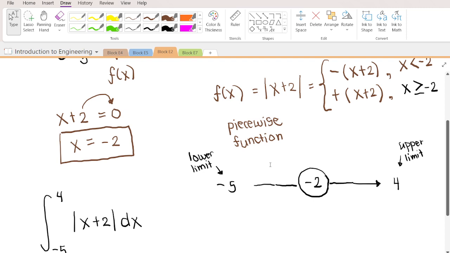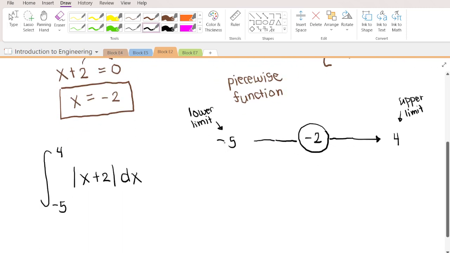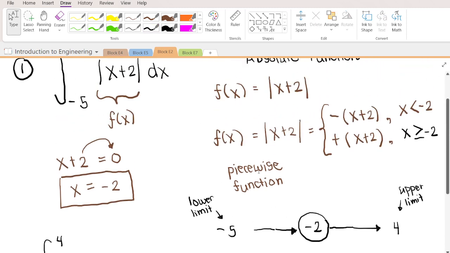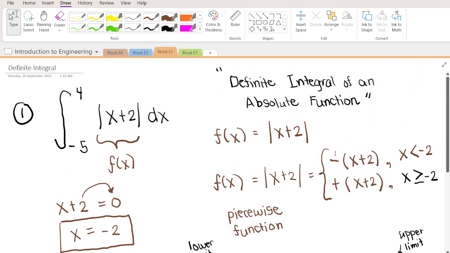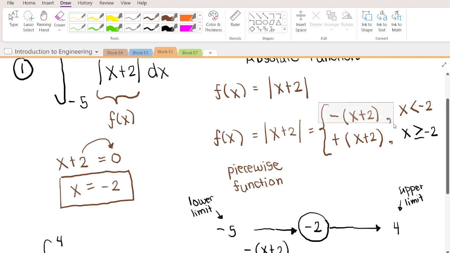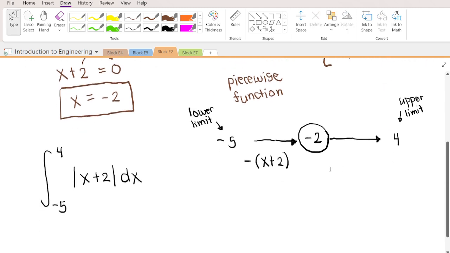So in this case, from -5 up to -2, the section of the absolute function that we need to integrate should be this one. Because the piecewise function of an absolute function is like this, we need to focus on the negative of x plus 2 within the range of -5 to -2.